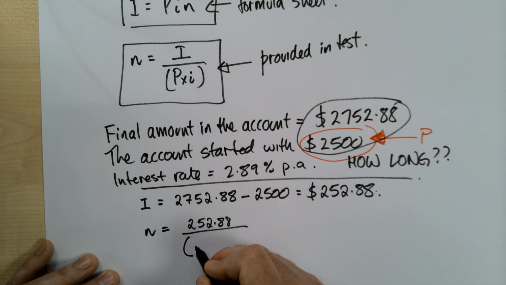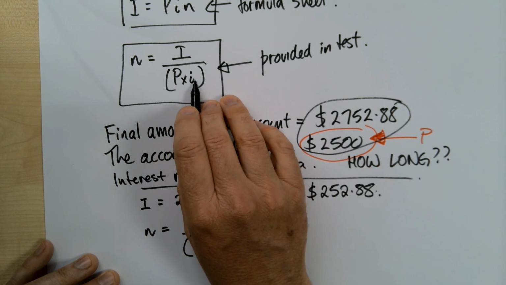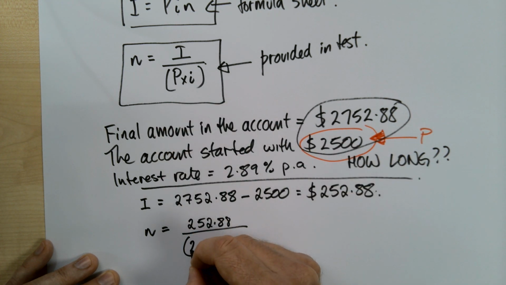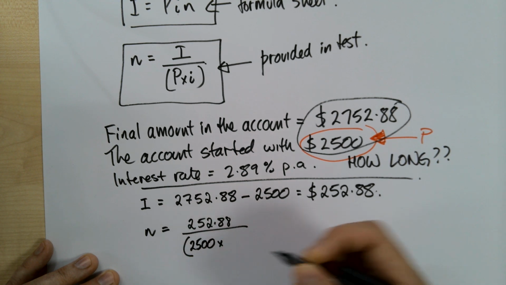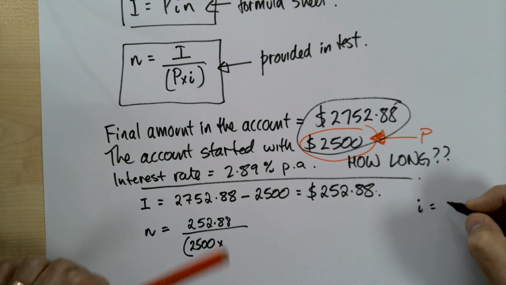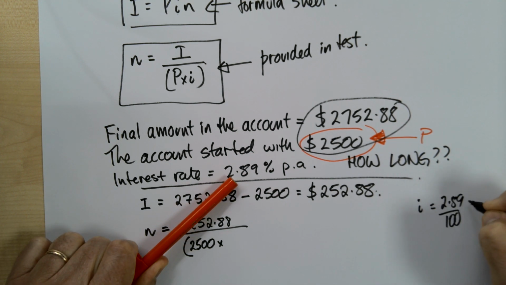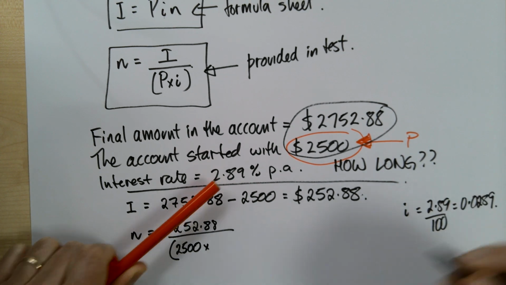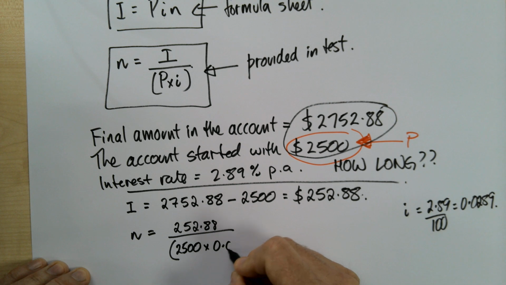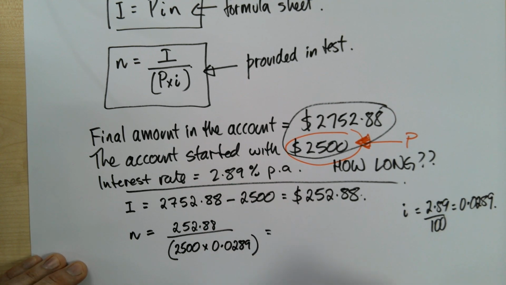So P times I. P is 2500. I is that divided by 100, so 0.0289. All right, I plug that in.